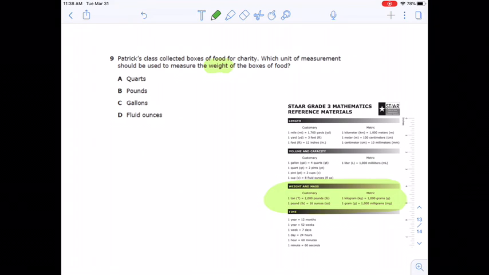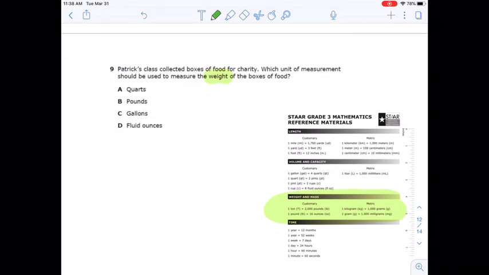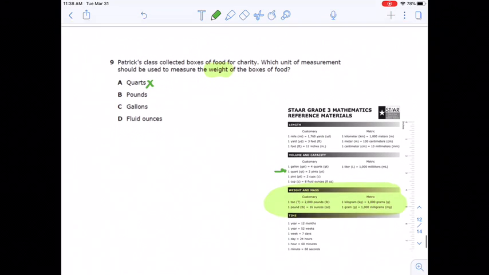Let's look at quarts. Do we use quarts to measure the weight of something? Where do you see quarts on your reference chart? Quarts are under the volume and capacity section, so that won't help us figure out the weight of something. How about pounds? Where do you see pounds on your reference chart?